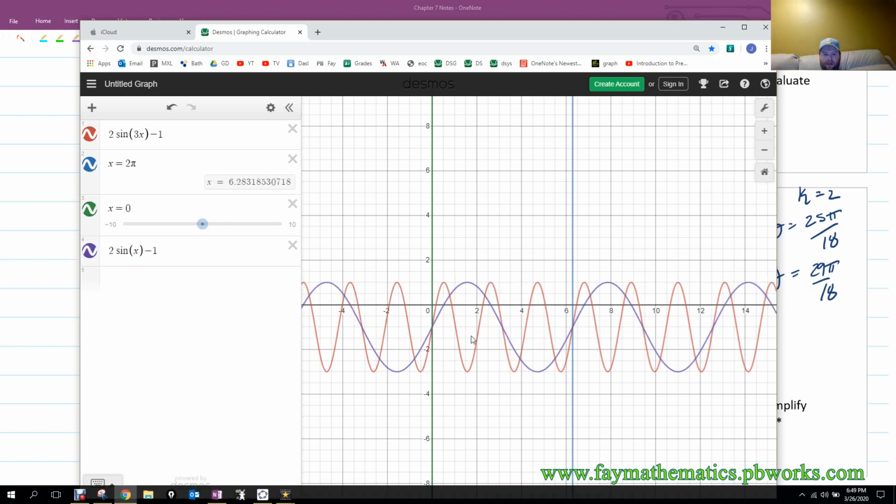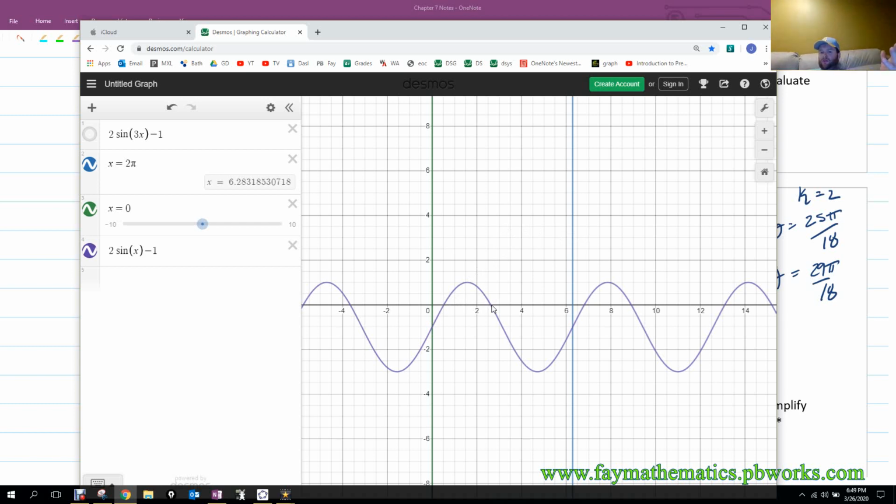You see here, with just that purple one, in between these two vertical lines, which denote the period of 0 to 2 pi, you only get 2 solutions.